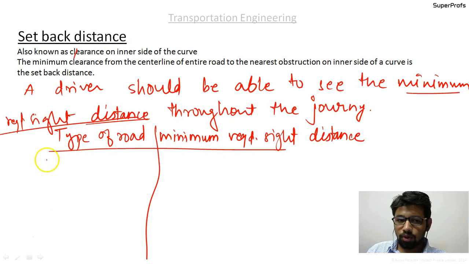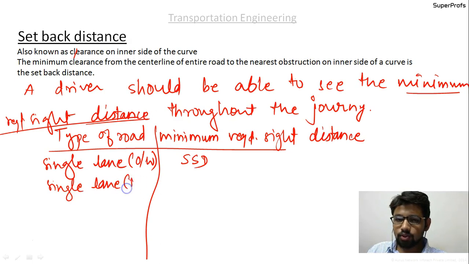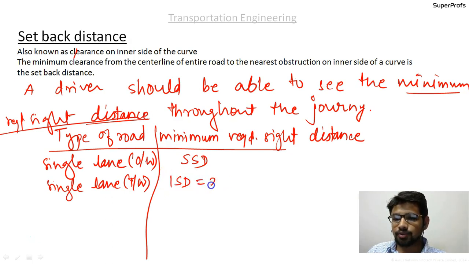So if the road is a single lane road and traffic is one way, then the minimum required sight distance is equal to the SSD. If the road is a single lane road and the traffic is two way, then the minimum required sight distance is equal to ISD, that is intermediate sight distance, which is equal to twice of SSD.